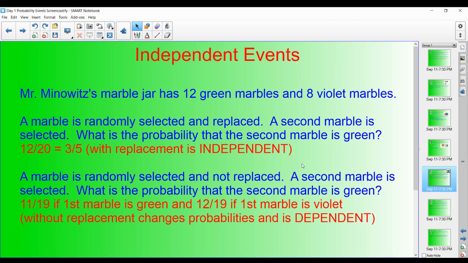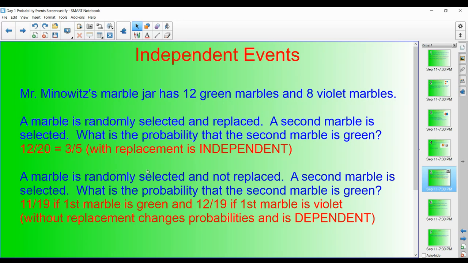So now let's check some examples where there is independence and some not independence. If I randomly select a marble and replace it, then the second marble is going to be independent because then I have the original bag. So this second marble being green, if I put all the marbles back in, it's still going to be 12 out of 20 because I have 20 marbles still in my bag and 12 I know are green.